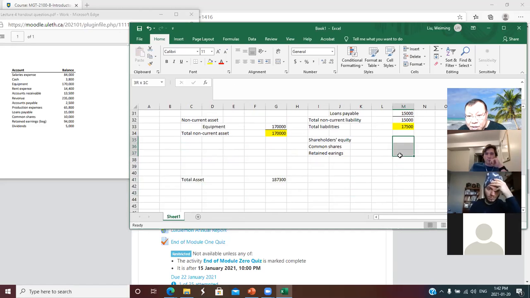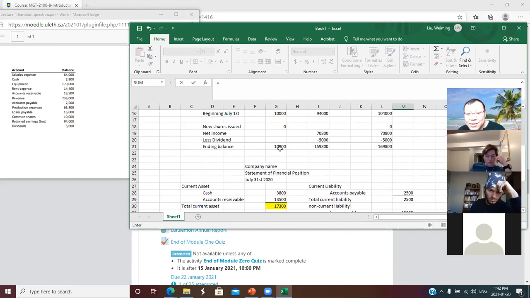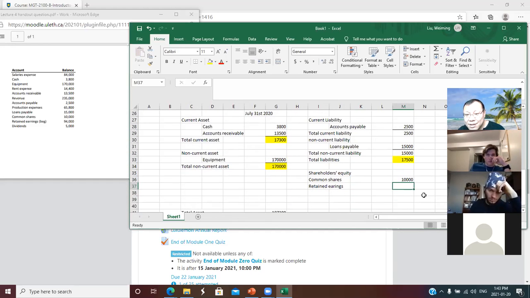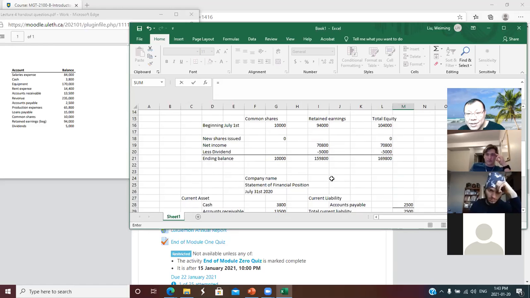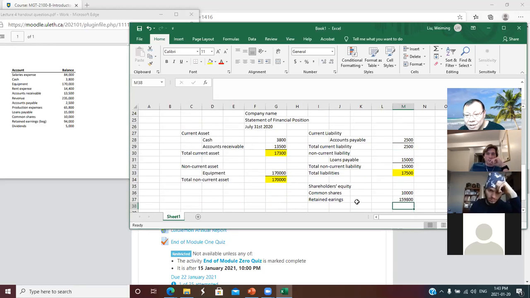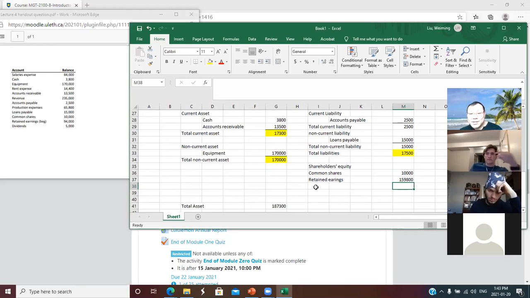From the second statement. Common shares equals this. Your retained earnings, that's this number. So your total equity equals this.